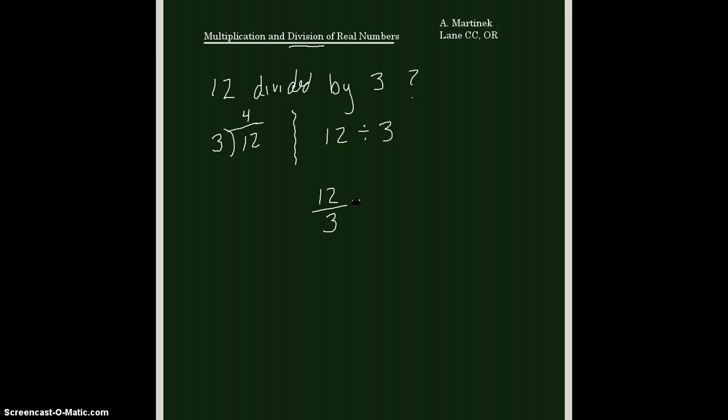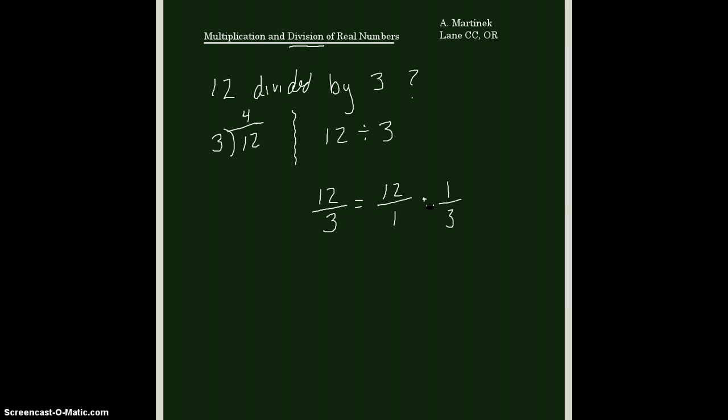Now this 12, if I write it as a fraction in this way, an improper fraction, I can split this out and say that's 12 over 1 multiplied by 1 over 3. Notice I took the numerator, put it over 1, and the denominator, kept it in the denominator with a 1 on top.